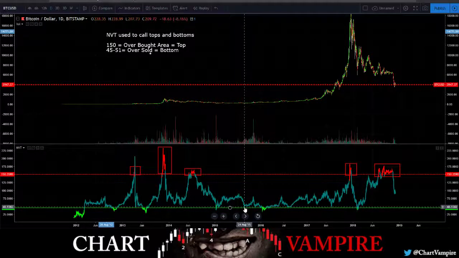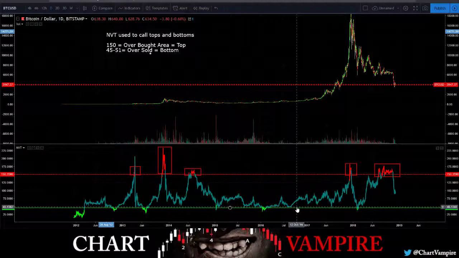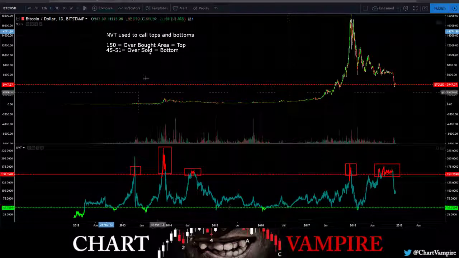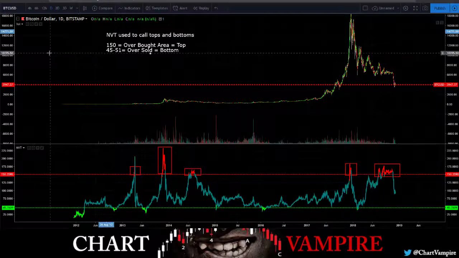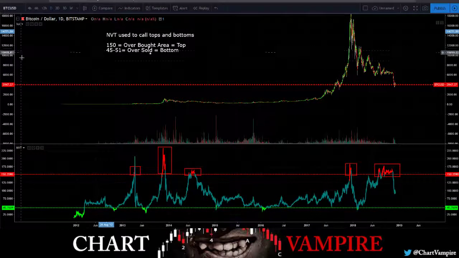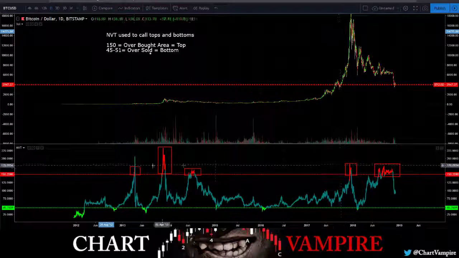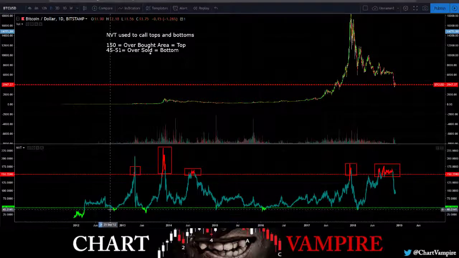There's a couple in here, like these really tight ones. These also would have been considered bottom plays, even though the true NVT line you're looking for is 45. There are some really nice calls you could have made off of the 51 area, a little over the 45. So there is a little range at the bottom. The top side is much more challenging, though, I feel, to call a lot of these longs.